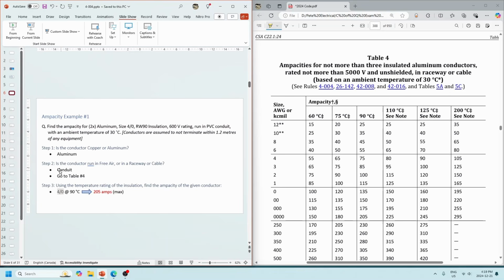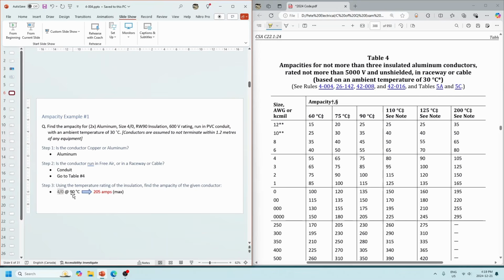We look at 4-aught. We have 2 aluminum conductors, so we're below 4, and we don't have to worry about 5C, and the ambient temperature is not above 30 degrees, so we don't have to worry about 5A. Once we look at table 4, that's going to determine our maximum ampacity.